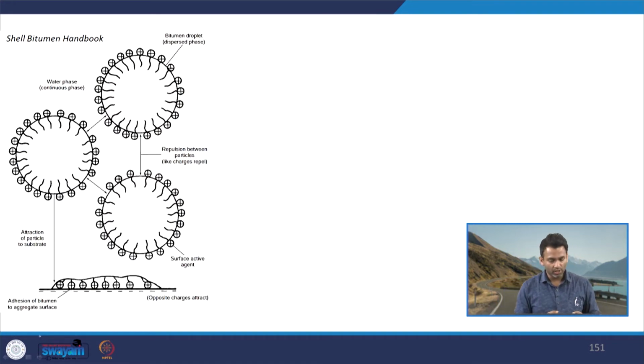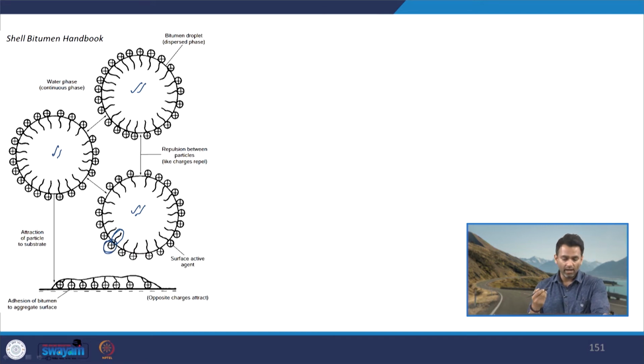This picture, which is taken from a Shell Bitumen handbook, shows the enlarged form of the bitumen globules and the charges around them. These are the bitumen globules. This is the tail which is bound in the bitumen, whereas it has an overall charge which is positive.